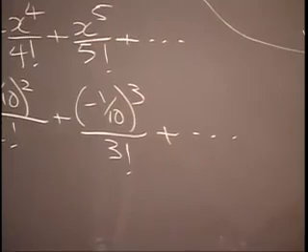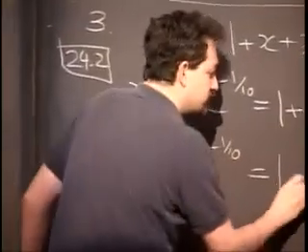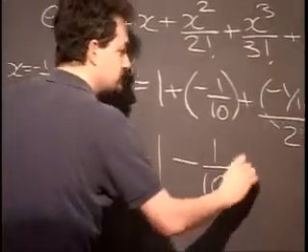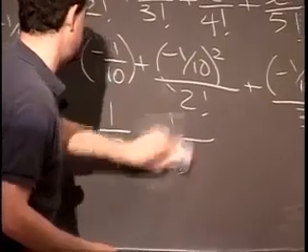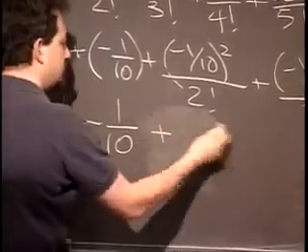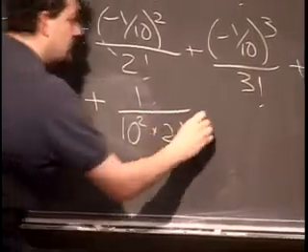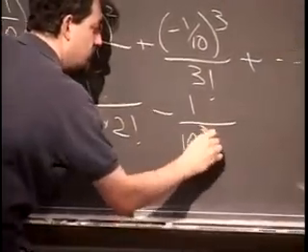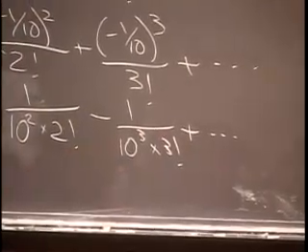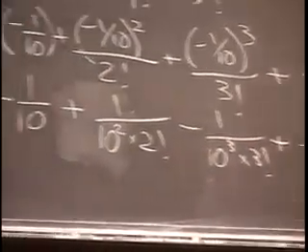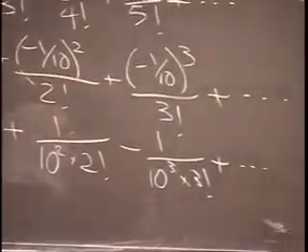Let's tidy it up. It becomes alternating: 1 minus a tenth plus 1 over 10 squared times 2 factorial, minus 1 over 10 cubed times 3 factorial, and so on. So it's alternating, and the powers of 10 march upwards and the factorials march upwards, and you get the pattern.